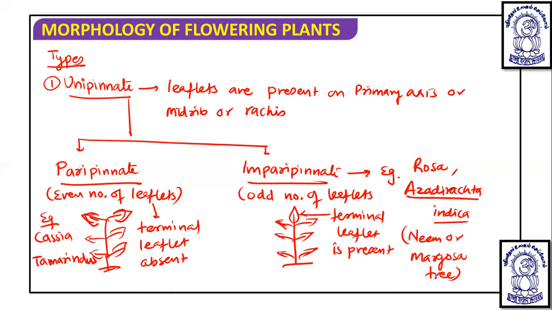Now after this, another type which is seen in the case of the pinnately compound leaf is bipinnate. And in bipinnate, the leaflets are present on the secondary axis.